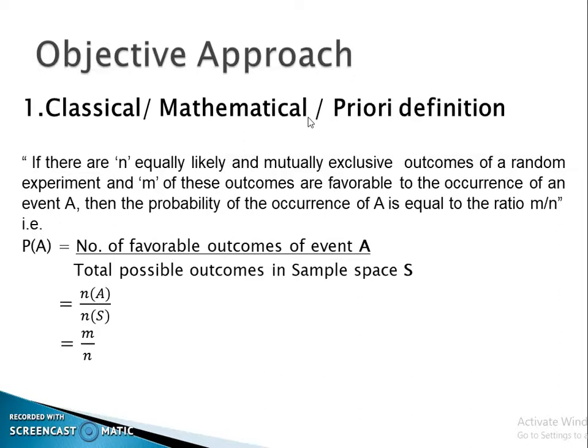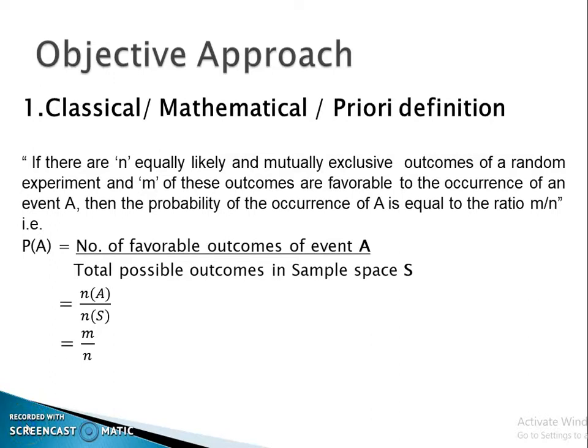That is, probability of A is equal to number of favorable outcomes of an event A divided by the total possible outcomes in the sample space S. Favorable outcomes to A divided by total possible outcomes, which is m over n.